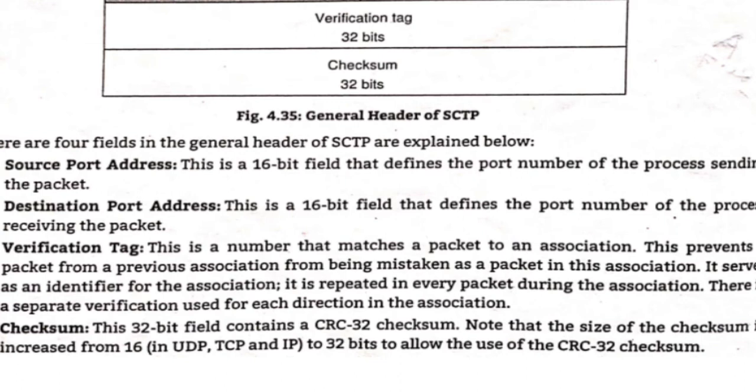It is repeated in every packet during the association. There is a separate verification tag used for each direction in the association, so not only the sender side but the receiver side also uses the verification tag to verify that the packet comes from the correct sender.